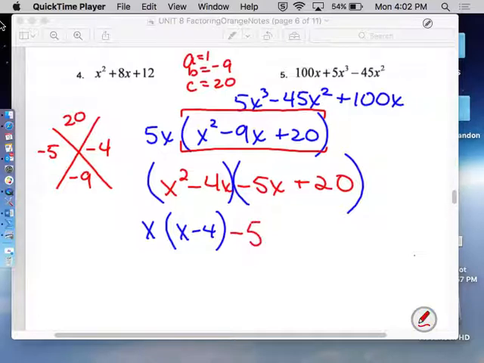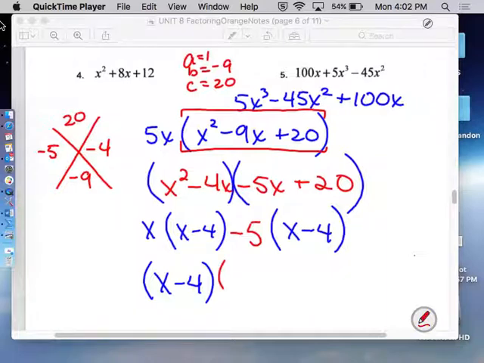So if I remove a negative 5, that's going to leave me with positive x minus 4. So just be careful with that. So that means that one of my factors is x minus 4, and then my other factor is going to be x minus 5. And always mentally go back and check just to make sure that you've done it correctly.